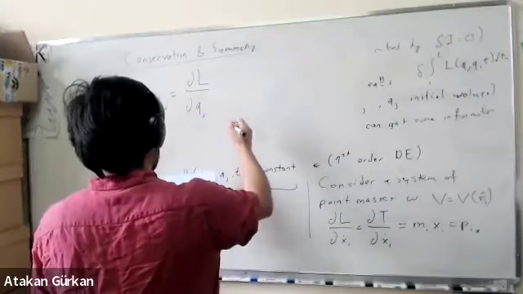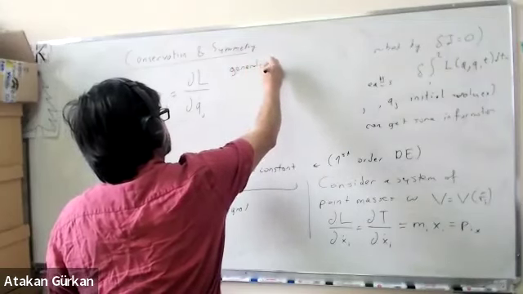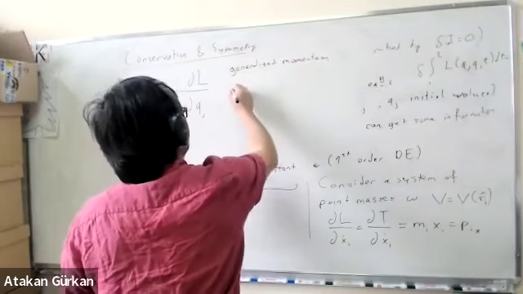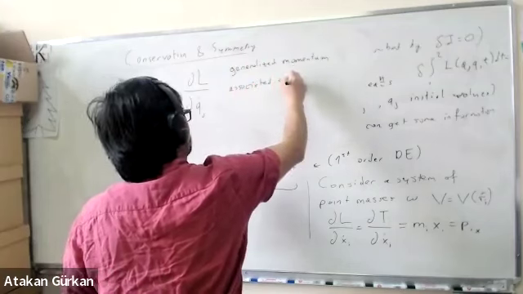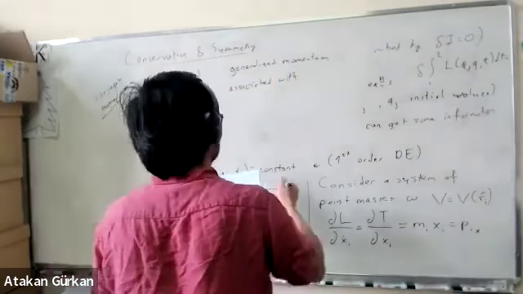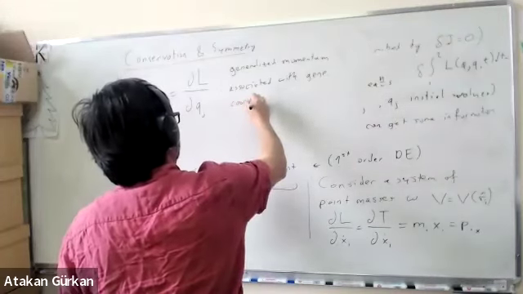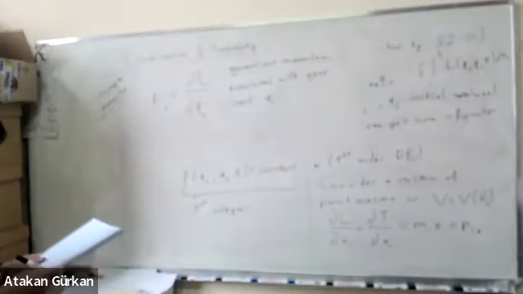The name given in the book is generalized momentum, associated with the generalized coordinates q_j.